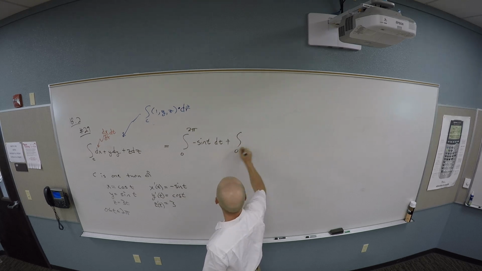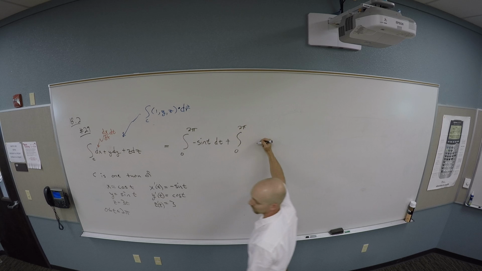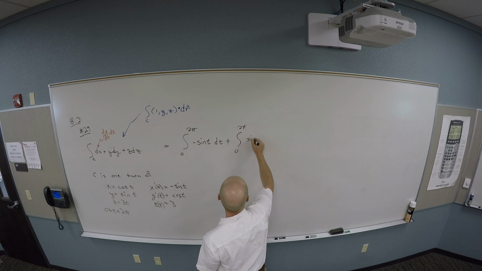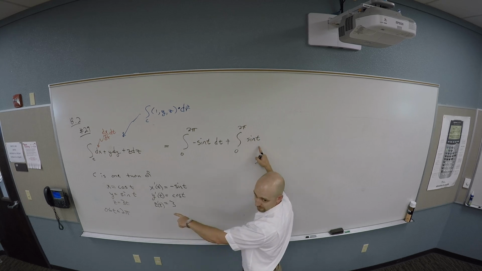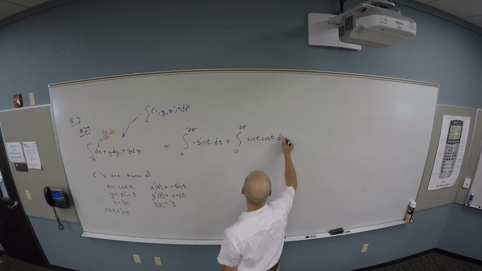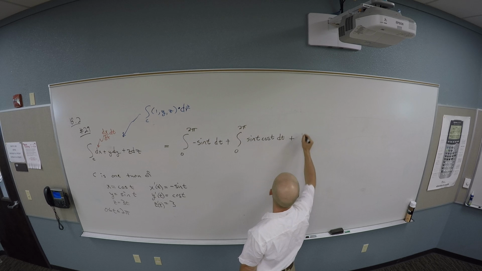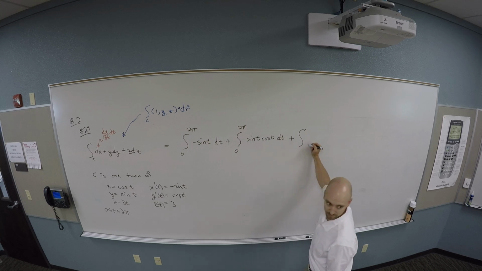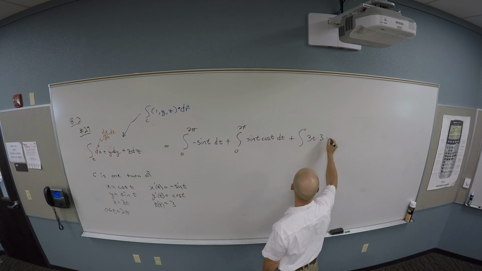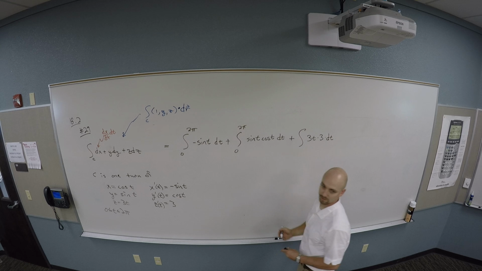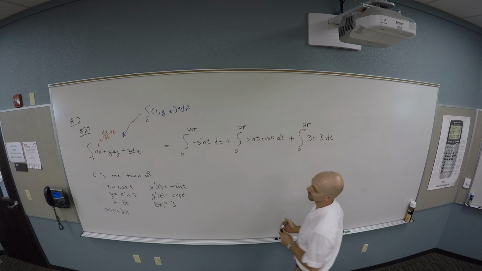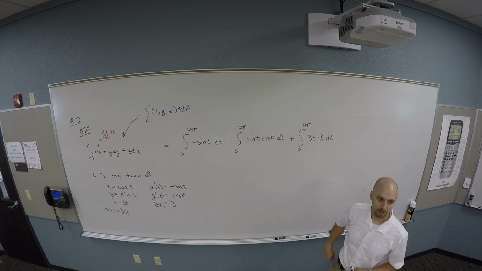Plus the integral from 0 to 2 pi of y times y prime: sine t times cosine t dt. And then plus the integral from 0 to 2 pi of 3t times 3, so 9t, dt.